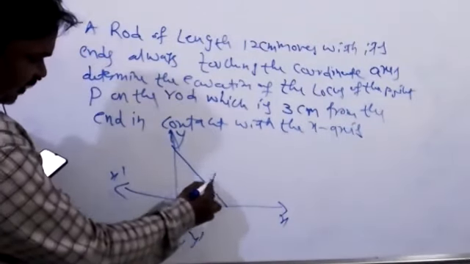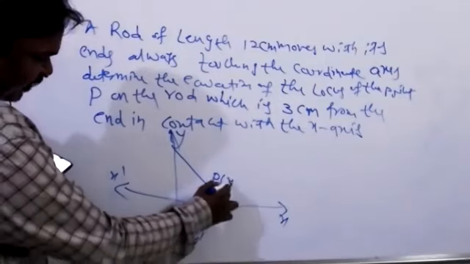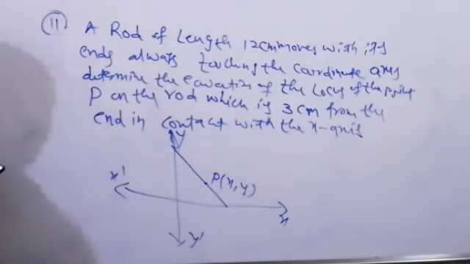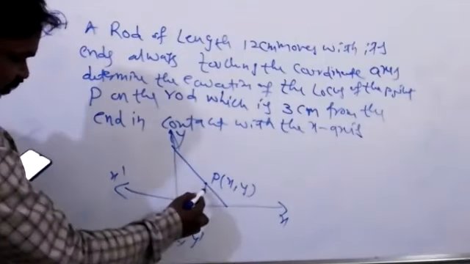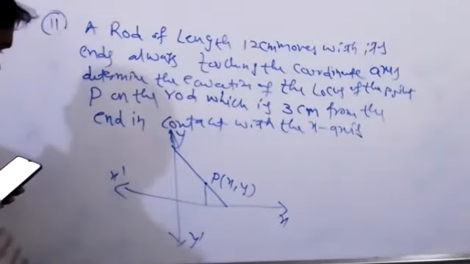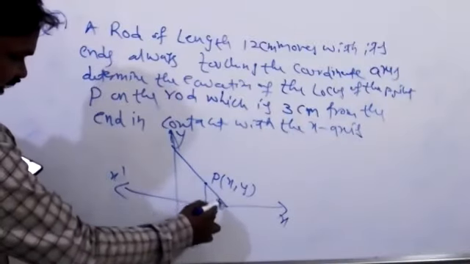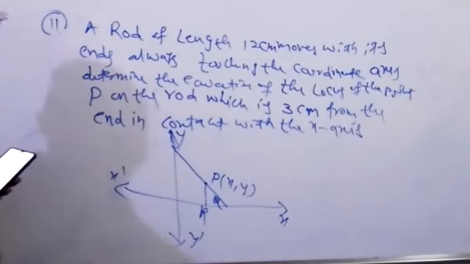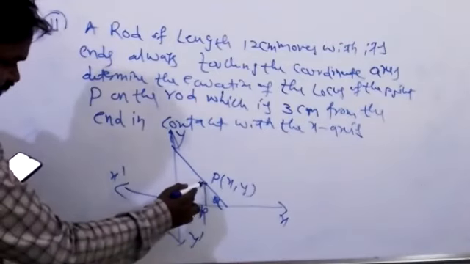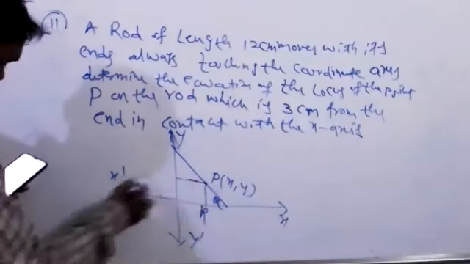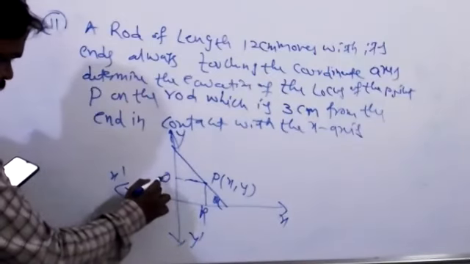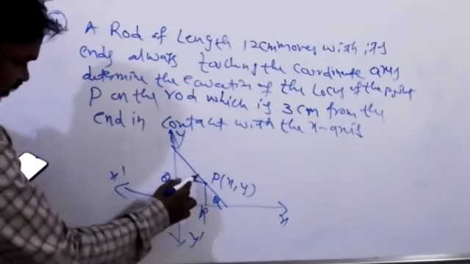Suppose this point is P, (x, y). Perpendicular distance from the x-axis to the point is r. This angle is theta. Then this point is Q, and this angle is theta.